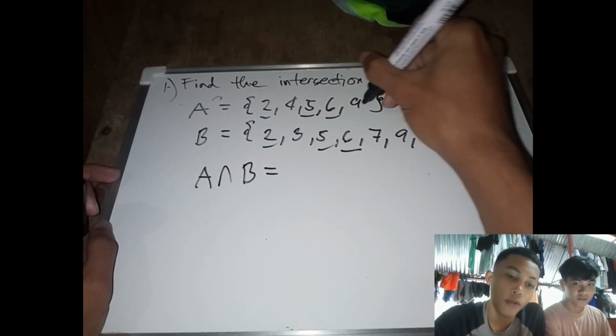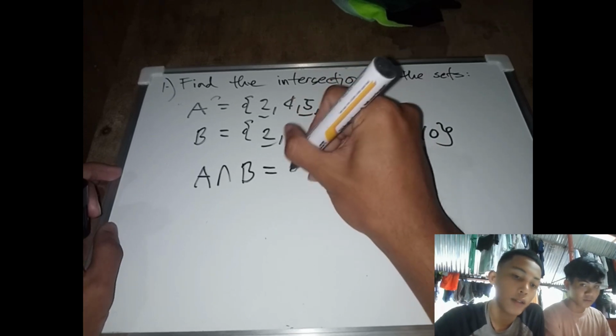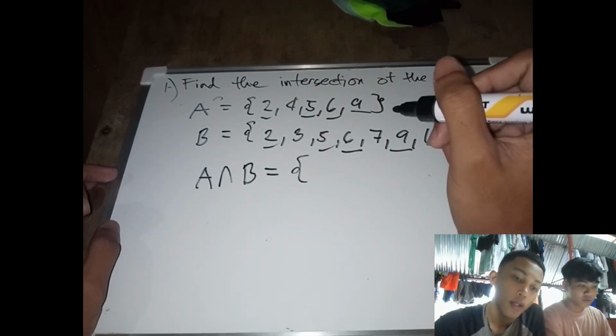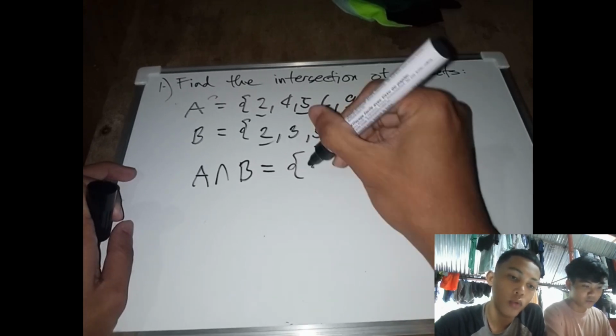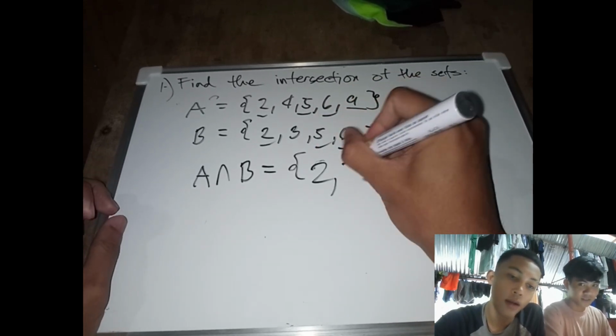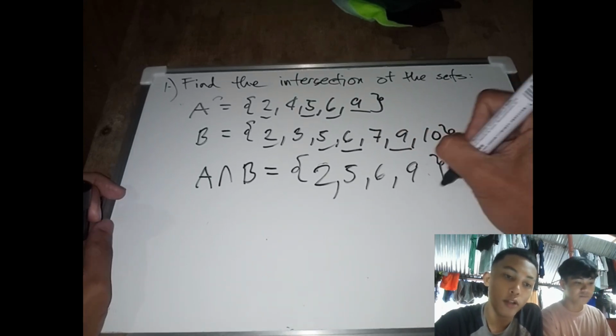So therefore, the intersection of sets A and B is, actually not 3, but 2, 5, 6, and 9. And that's it. That's how you can find the intersection of two sets.